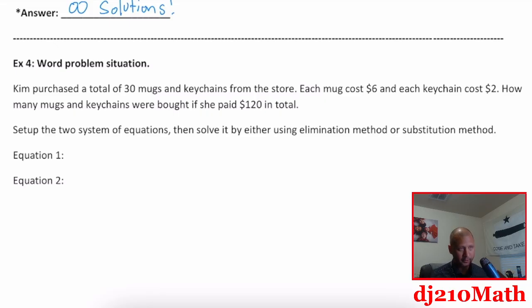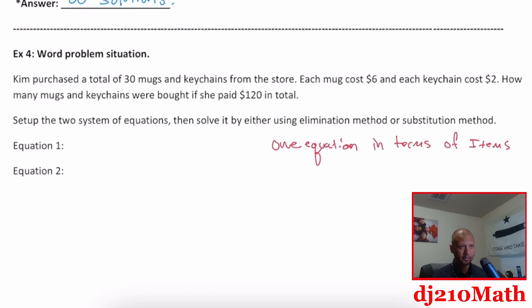Okay, so the hardest part about this problem is that there aren't any equations and we have to come up with our own equations. So a good tip is that we're going to have one equation in terms of items.